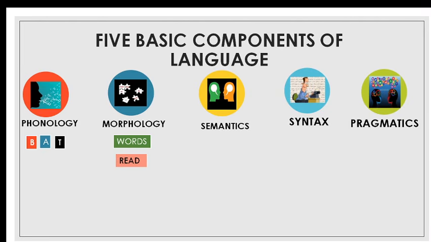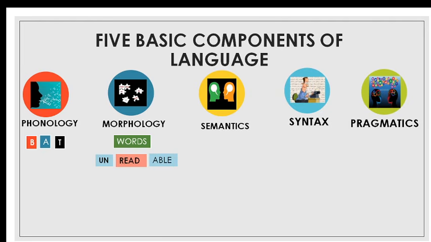If we put un in front of it as a prefix and add able as a suffix behind it, it becomes unreadable. So when we break down the word, we have morphemes like free and bound. Free is the one which is read, and bound are the two, un and able, which cannot be used individually.